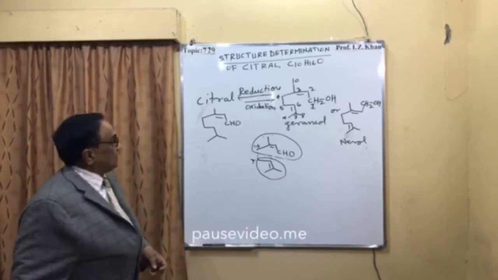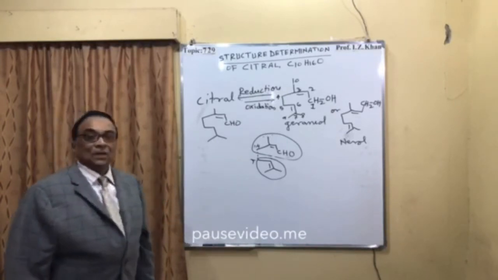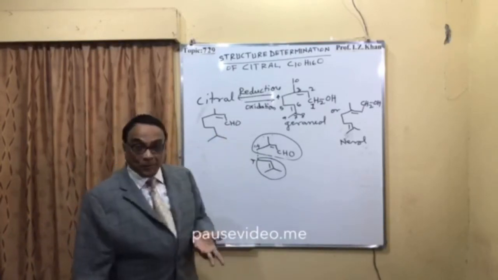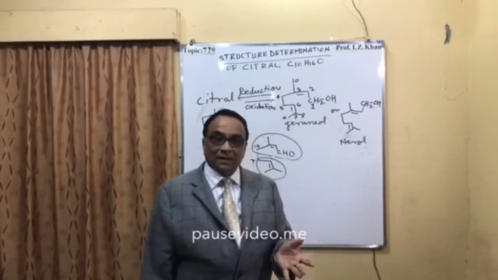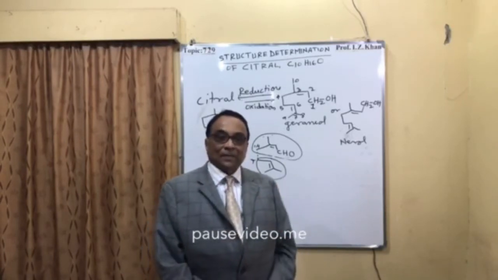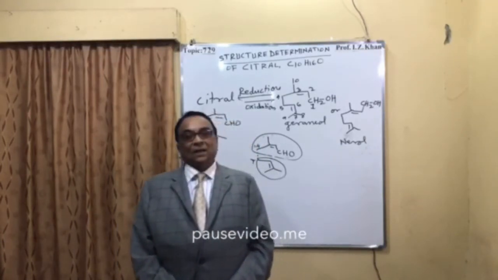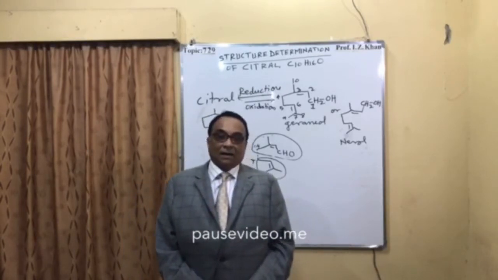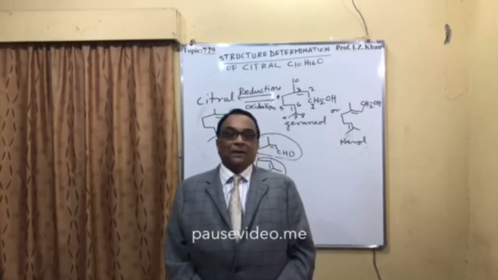And this citral has oxygen. So that oxygen, here it is shown in the form of aldehyde, but you have to prove it with the help of reactions. How will you say that this oxygen is aldehyde? It can be alcoholic, it can be ketonic. So once citral is subjected to reaction, it gives an oxime in the presence of phenylhydrazine, and another is semicarbazone and bisulfite.